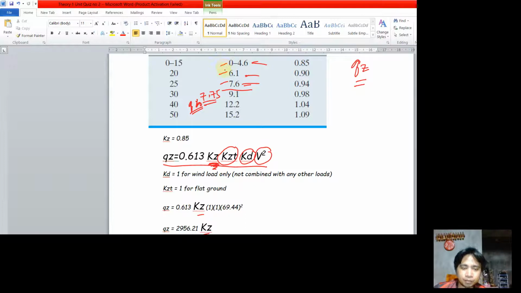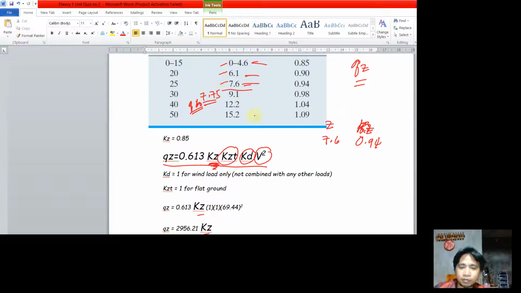At the height of 7.6, this is Z, we have, sorry, this is Kz, rather. If we have 7.6, there will be a corresponding 0.94 value of Kz.